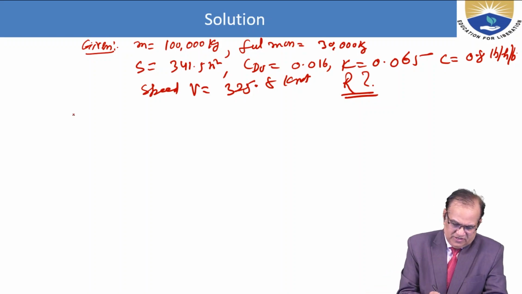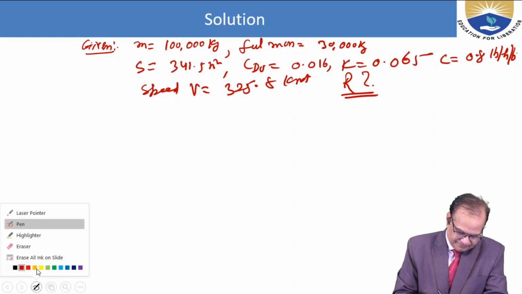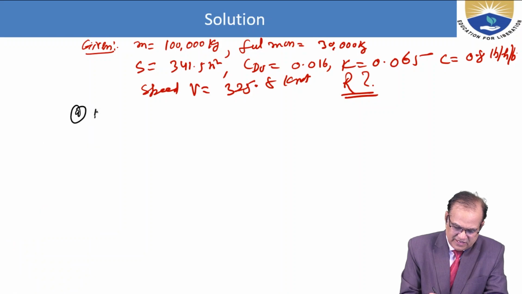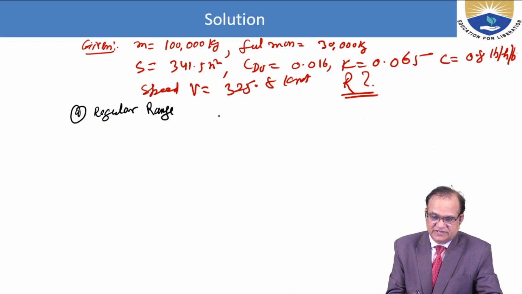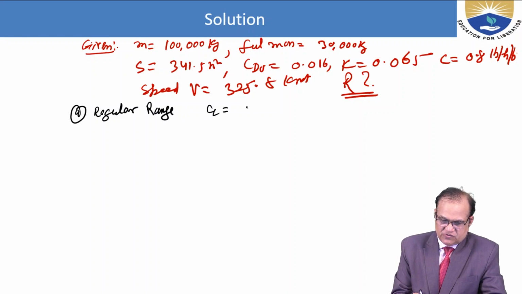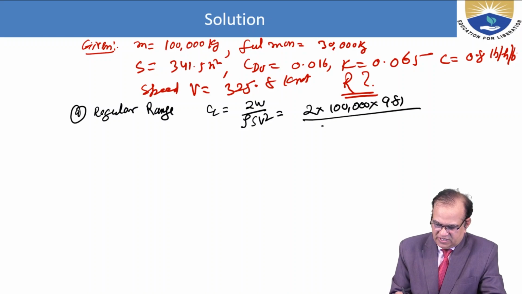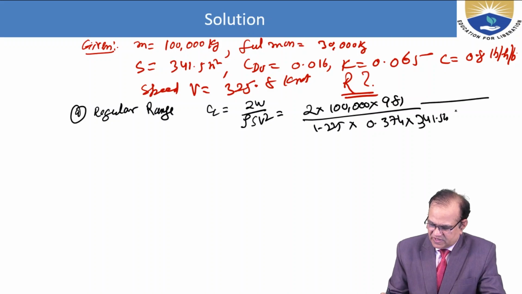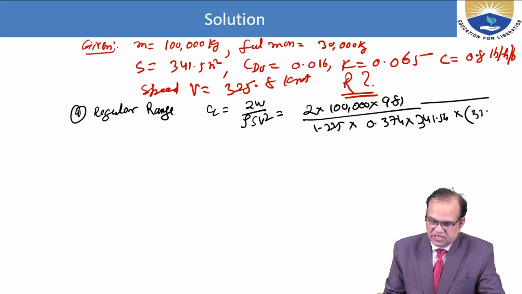So at first we will see at A regular range, and we know that CL is equal to 2W by rho S V square, 2 into 100,000, 9.81, 1.225, 0.374 into 34, 31.54 into 325.8 into 0.5144 square.